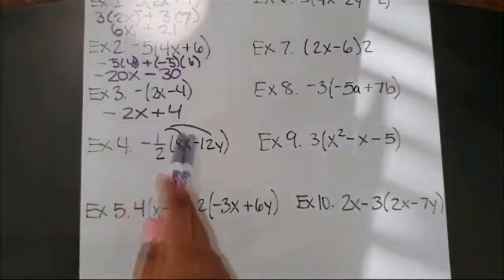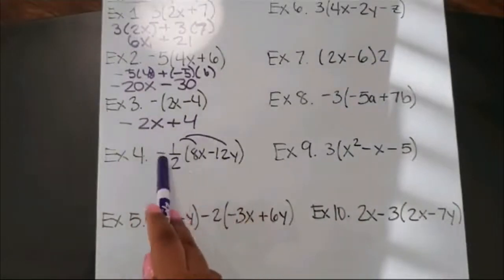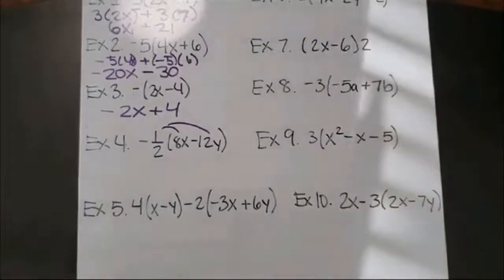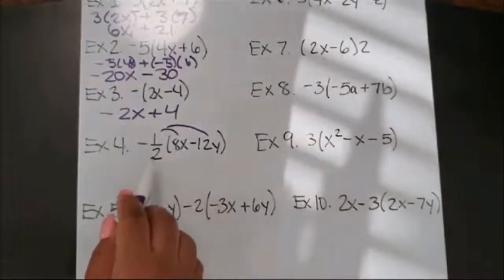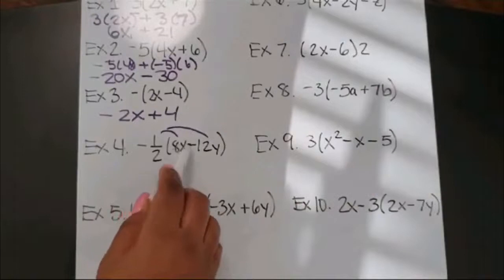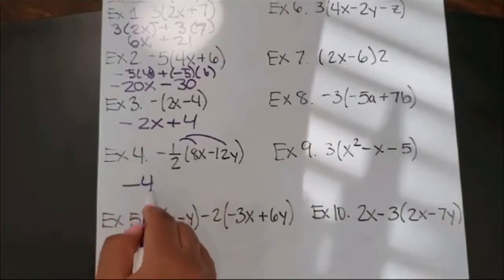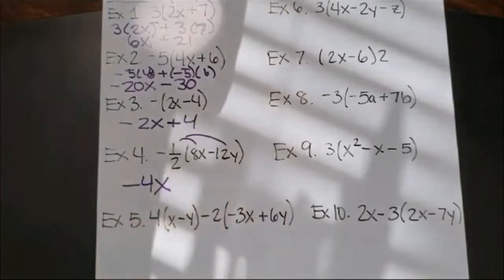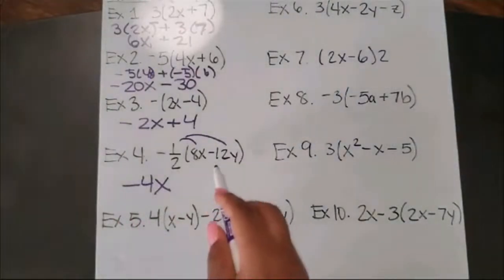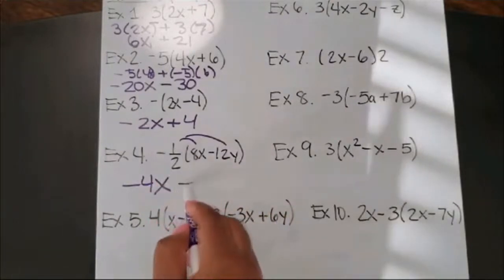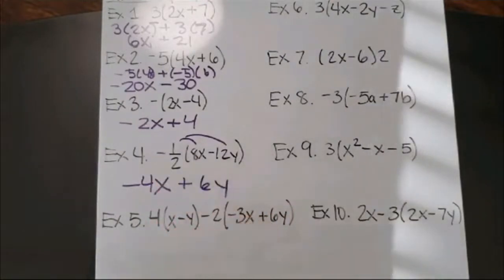So if we multiply this straight across, then with this 2 being in the denominator, it's basically like we're dividing everything by 2. So with that being said, if we look at 8x divided by negative 2, we will have negative 4x. If we look at negative 12y, if we divide that by negative 2, we will have positive 6y.